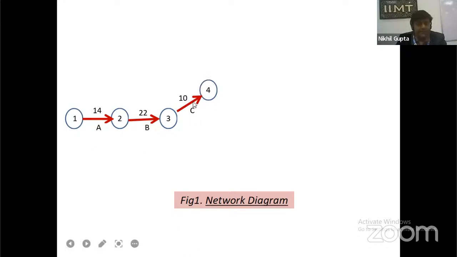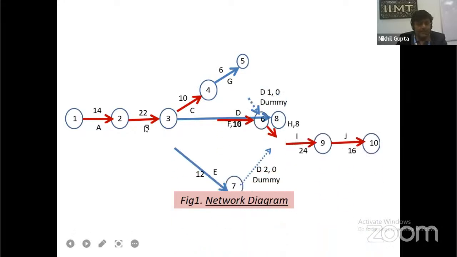Activity C takes 10 days and is followed by event number 4. Next, activity D takes 16 days and follows activity B.